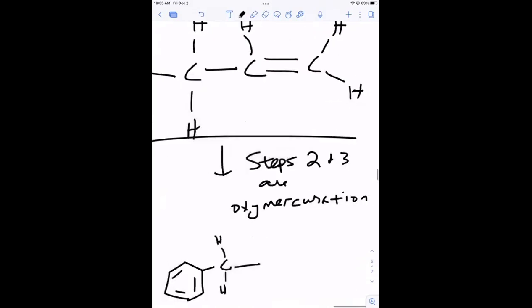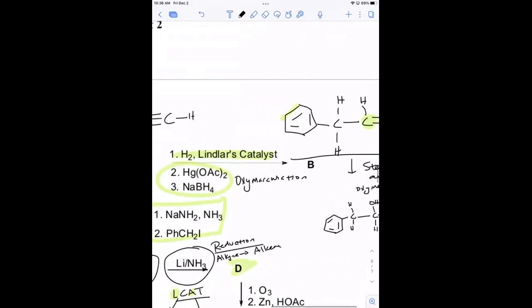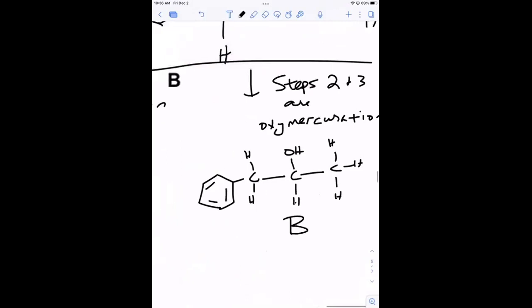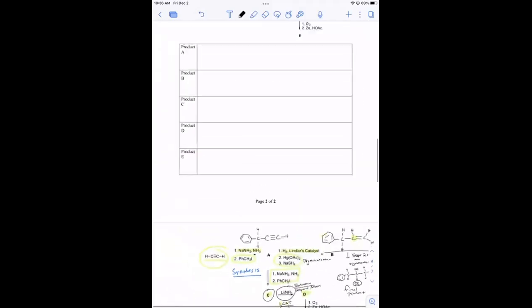And it's going to be on this carbon because it's Markovnikov regiochemistry. So that's what steps 2 and 3 are to get to B. So B, the final product for B, is this. All right, any questions about that?